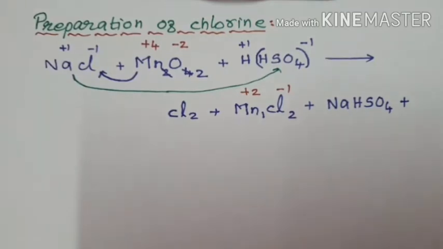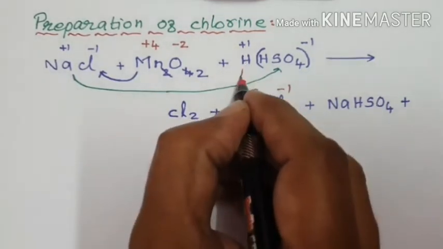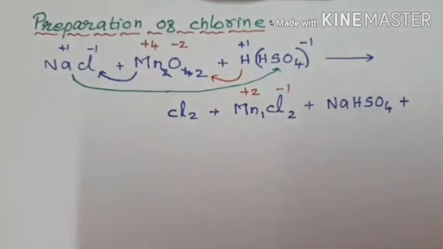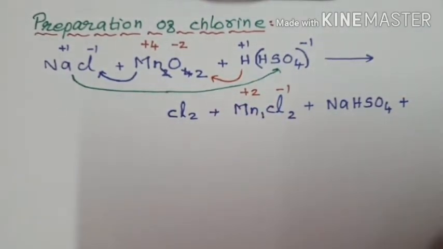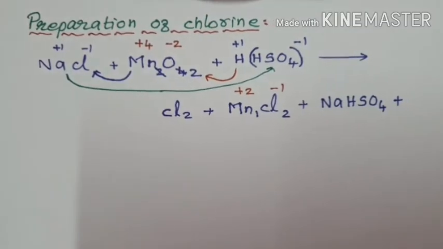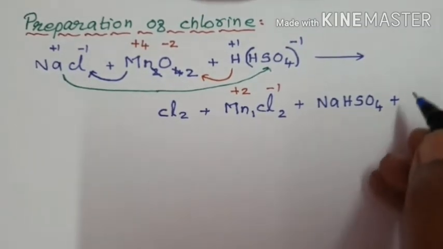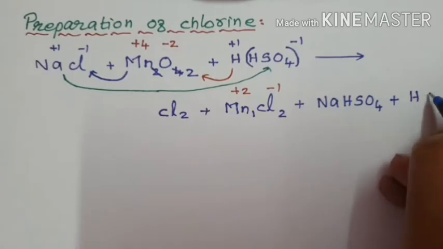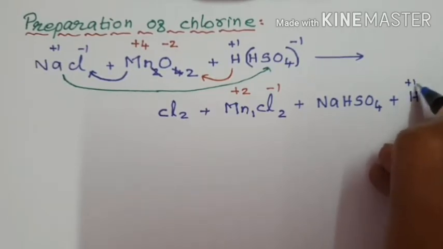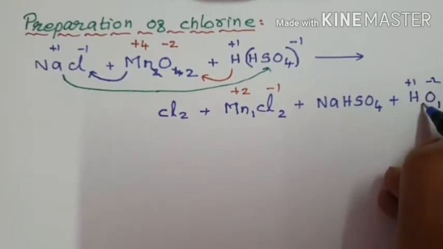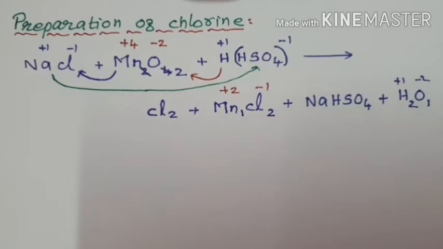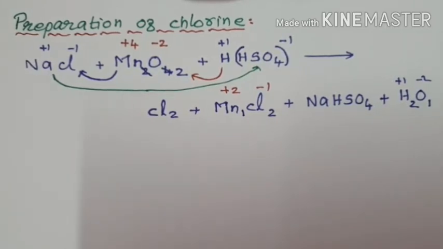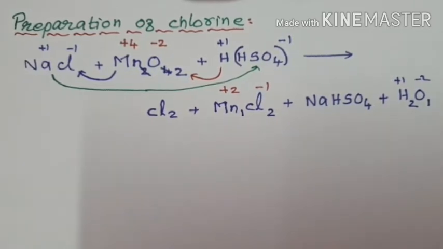One more H plus combines with the O2 minus. If hydrogen and oxygen combine, there is only one possibility, the formation of a water molecule, H2O, hydrogen valency 1, oxygen valency 2. So this is the first preparation of chlorine, and now how to balance this reaction.